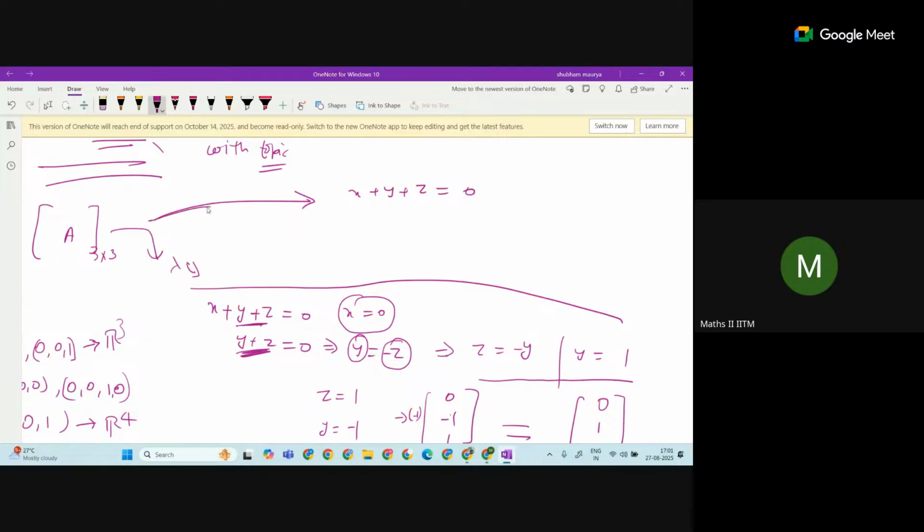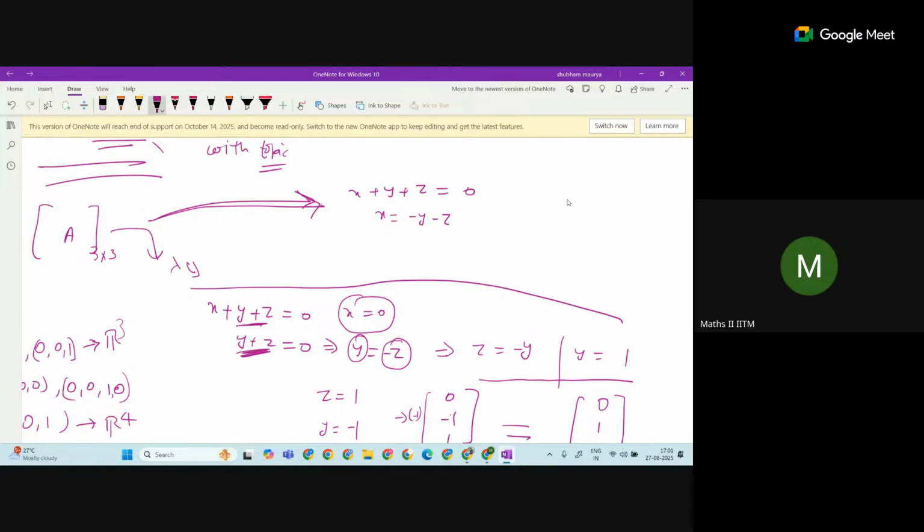Suppose you end up with this kind of system of linear equations, this one. This has two independent solutions. So now in this way you can say that x is equal to minus y minus z.